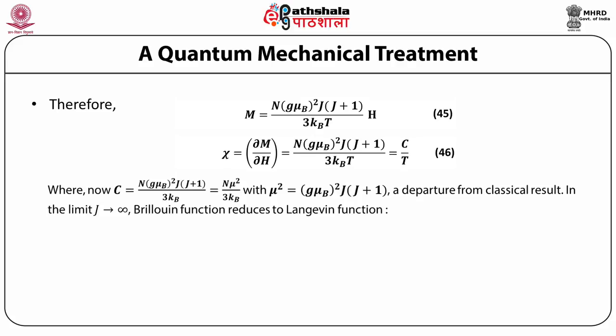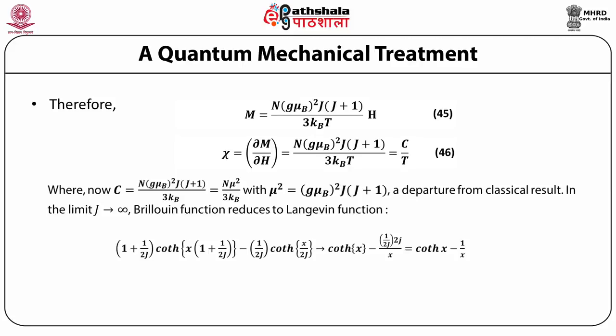In the limit J approaching infinity, the Brillouin function reduces to the Langevin function, that is [1 + 1/2J] multiplied by coth of x multiplied by [1 + 1/2J] minus 1/2J coth of x/2J approaching coth x minus 1/2J into 2J divided by x, which is equal to coth x minus 1/x.